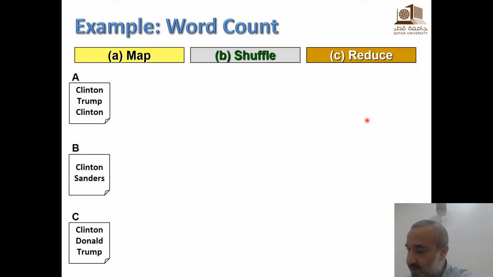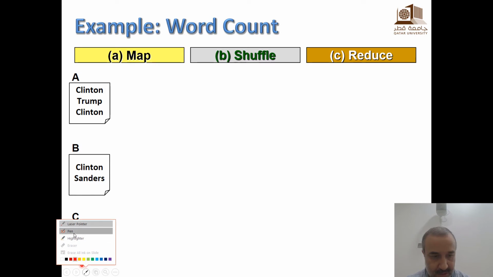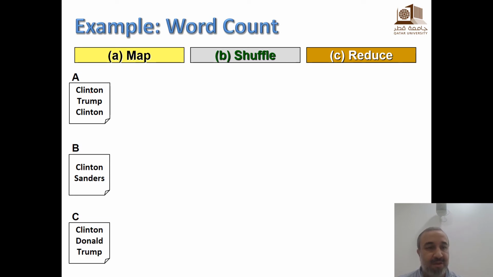Let's say that we have here Clinton, Trump, and Clinton again, right? Every occurrence of a word indicates that this word appeared once.